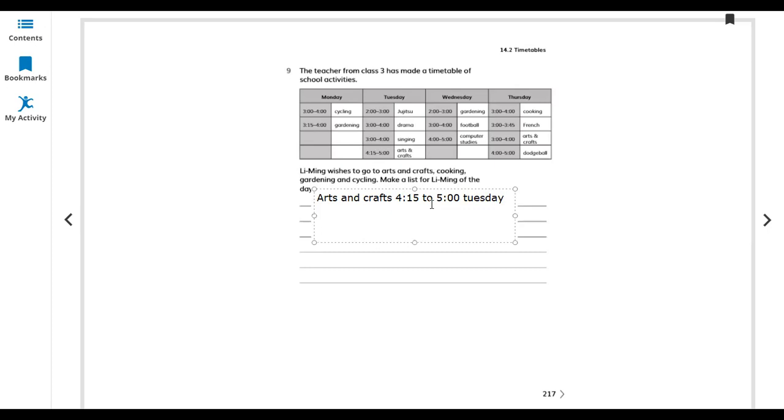And then you will write for cooking. Where is cooking? 3 to 4 on Thursday. 3 o'clock to 4 o'clock, Thursday.